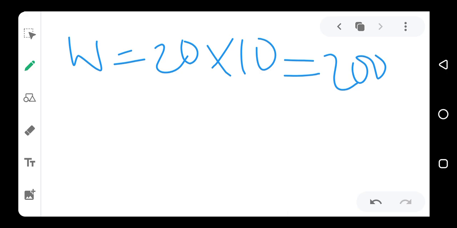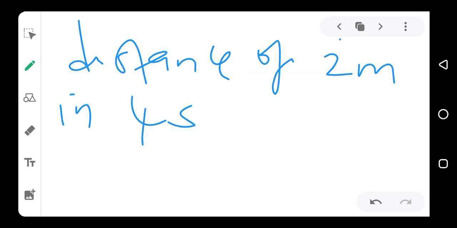Now we have weight and we have distance. If you have weight and distance, that is load and distance, we can calculate work. The distance is 2 meters.